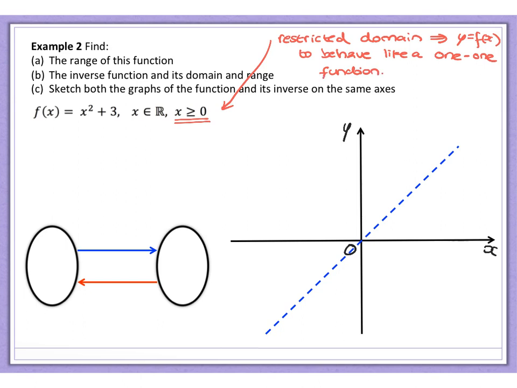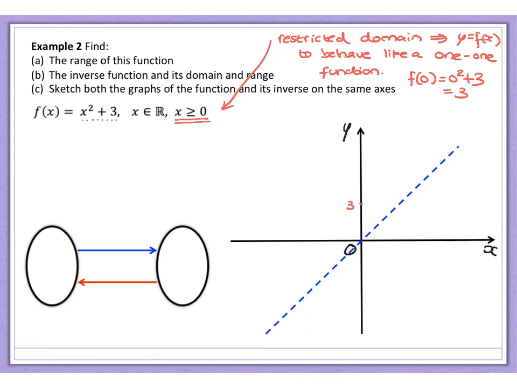Now, let's find the range of this function. If we're starting with x is equal to 0, so x has to be greater than or equal to 0, well, if we input that into the original function, so f of 0, that's 0 squared plus 3, which equals 3, which means the graph starts on a y value of 3, and that should make sense because it is a translation of the graph of y equals x squared by a vector 0, 3, so a movement 3 units upwards.